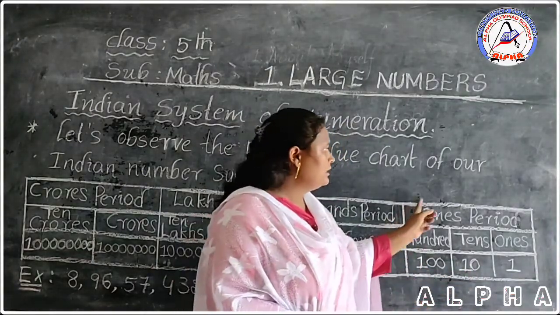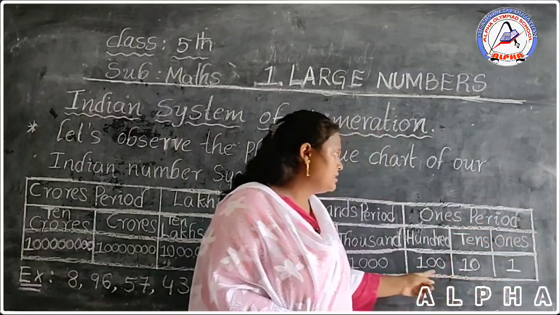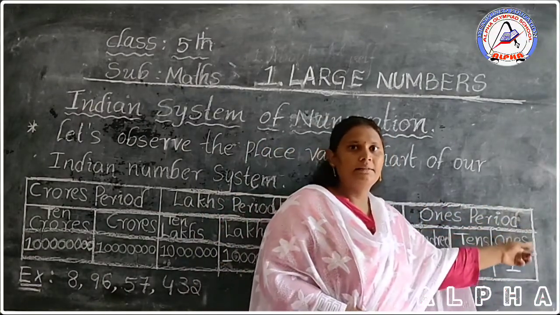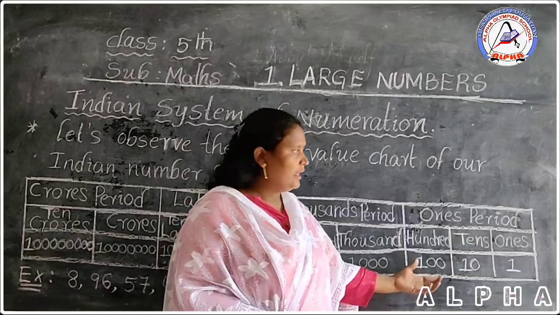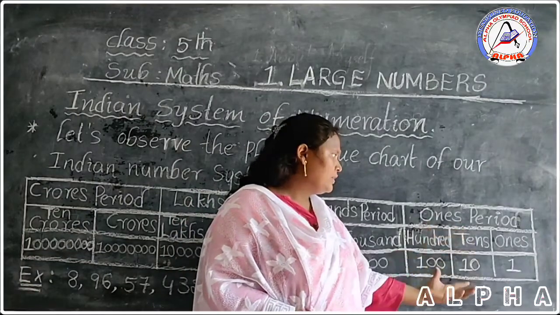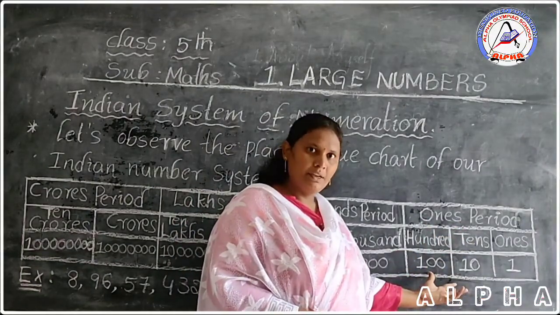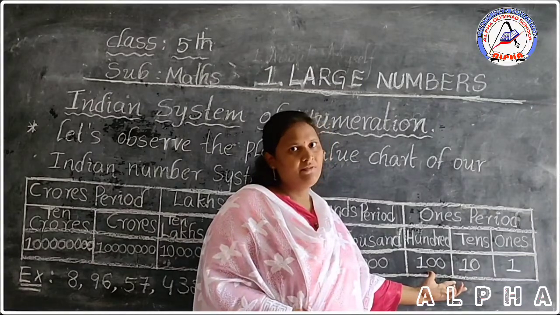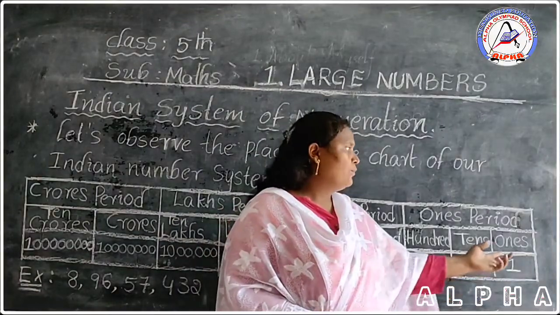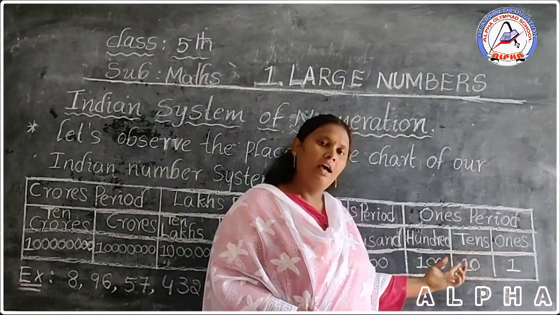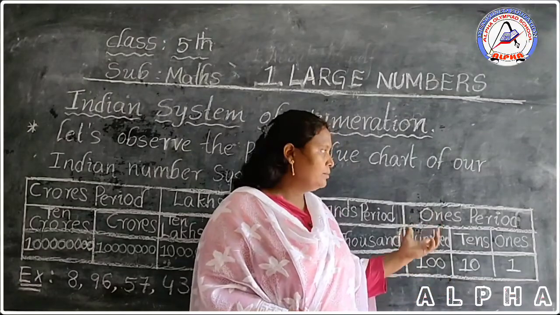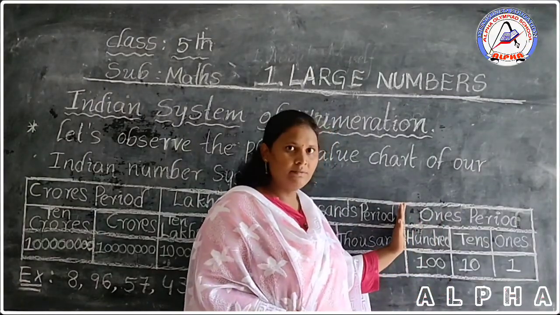The entire period is called the ones period. In the ones period, we have 3 place values: ones, tens, hundreds. So look at the board side and observe this part once.